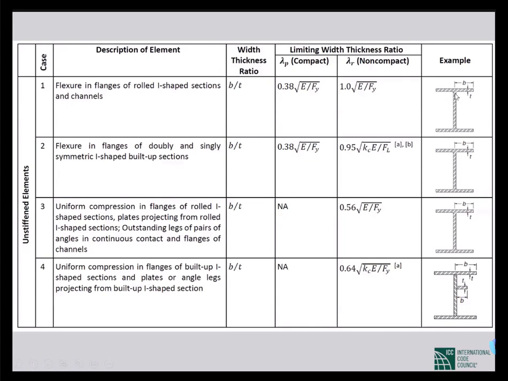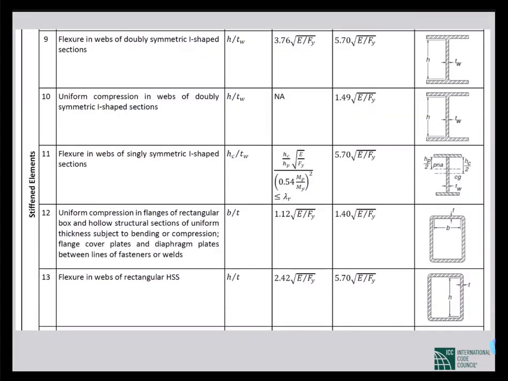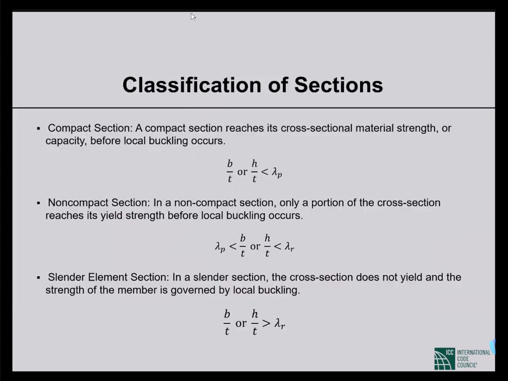So supported only in one edge. So this is an unstiffened element. This shouldn't cause any big problem for you. Now let's talk about what is the meaning of lambda p and lambda r, and why we need to define compact and non-compact sections. So many terminologies. We'll be familiar with them very soon.